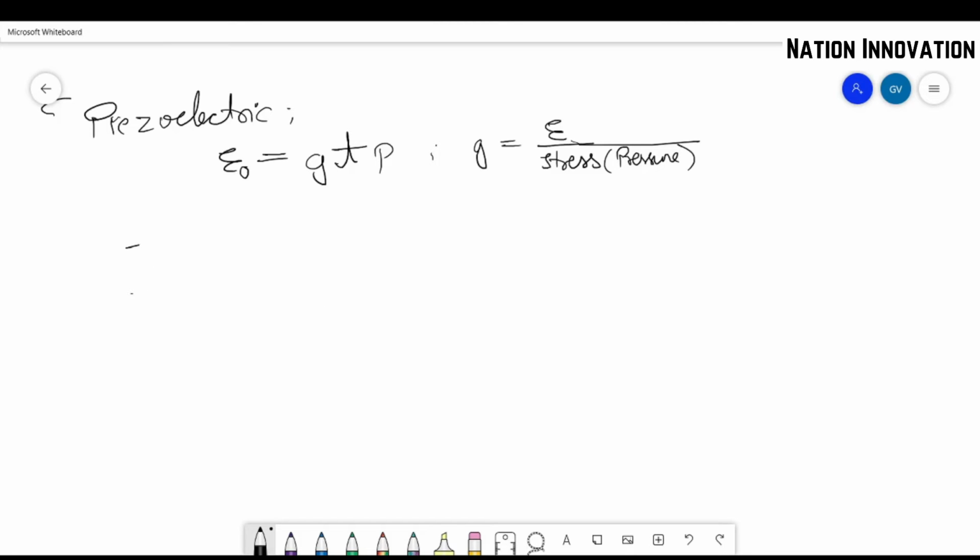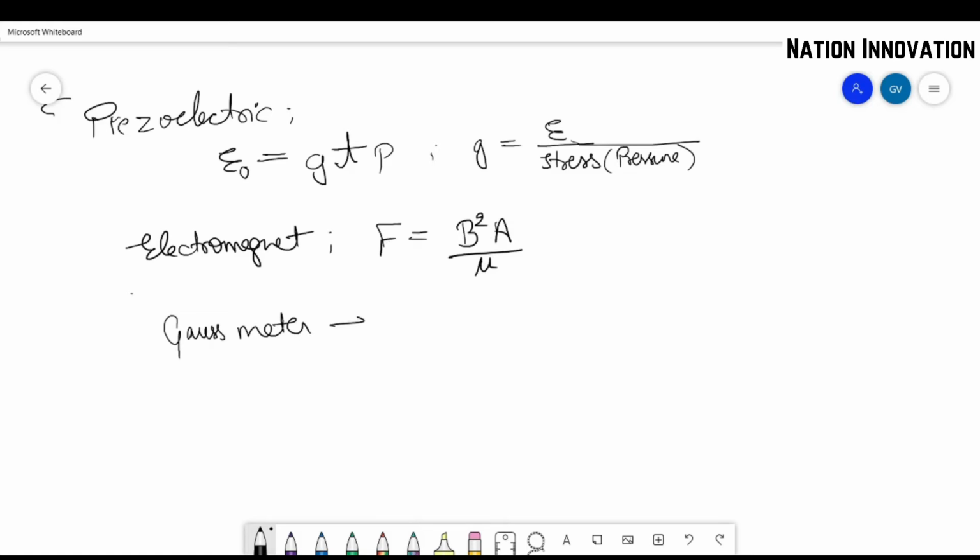Then for an electromagnet, the force is given by electric field square over permeability. Then the Gauss meter is used to measure current. Fine. Then Pirani gauge. What is Pirani gauge?